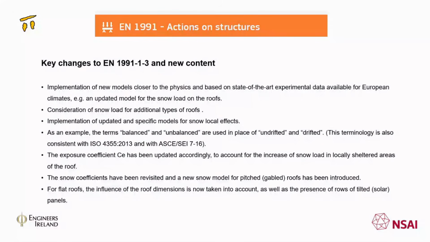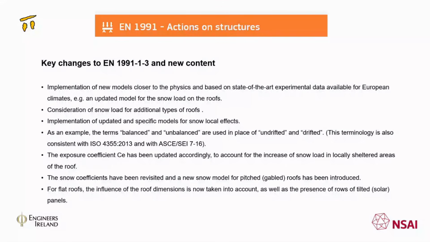They put in some additional types of roofs. We had situations where we dealt with drifted and undrifted snow, but that has now become balanced and unbalanced snow. So there is a change, and that's consistent with the ISO requirements and also the American requirements. The exposure coefficient has been updated to account for the increase of snow load in sheltered areas of a roof.